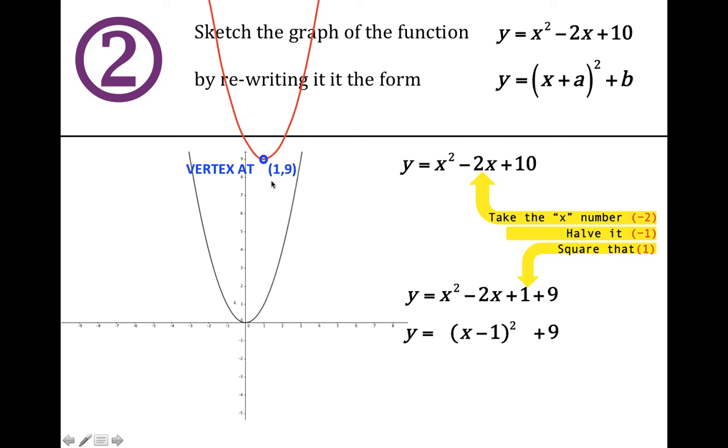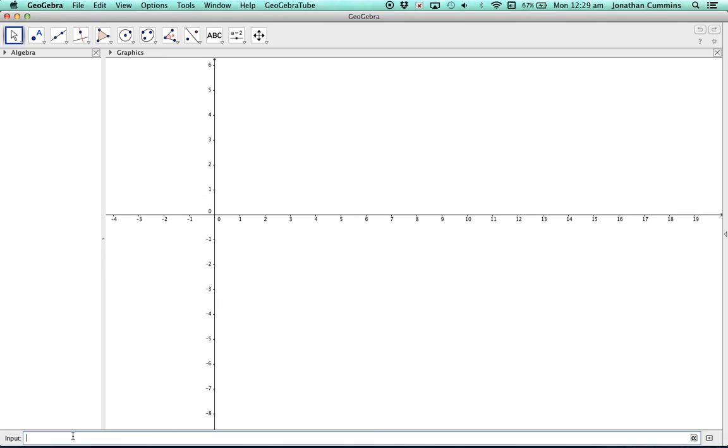And it might be interesting to just verify that in GeoGebra. So here we are in GeoGebra, and we're going to type into the input box at the bottom y equals x squared, so that's x and then control 2, minus 2x plus 10.